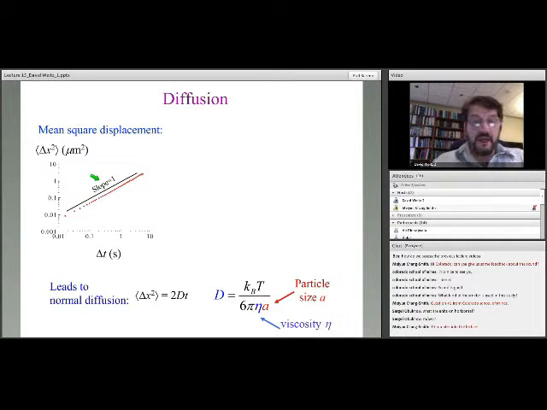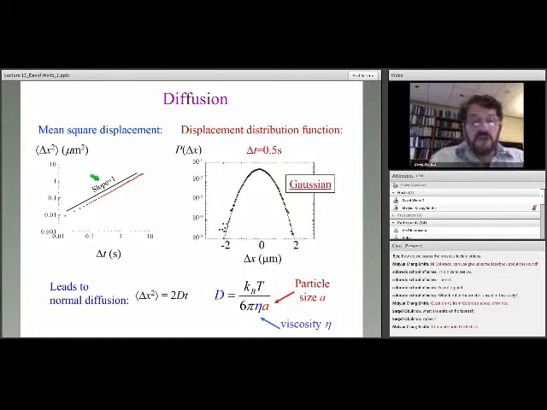You can go farther. You can take advantage of all the different data that you've collected. So, for example, you can plot the distribution function, the Van Hove distribution function, or the step size distribution function. If you look at some particular lag time, these data are shown for a lag time of half a second, and you plot the distribution of step sizes.